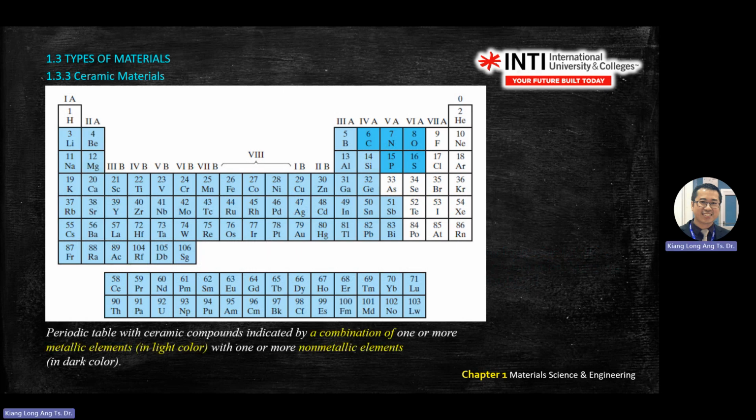So again, you see this periodic table again with a different location of colors. So the light blue is metallic or metal, and non-metals is here, including hydrogen. Hydrogen is a very special element.